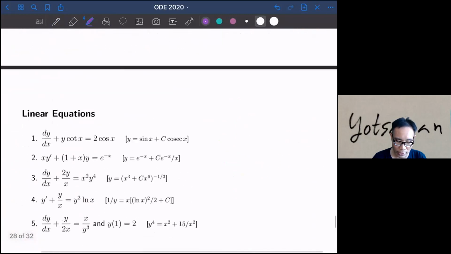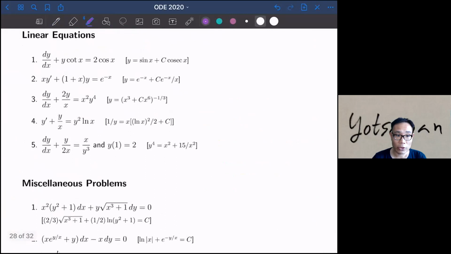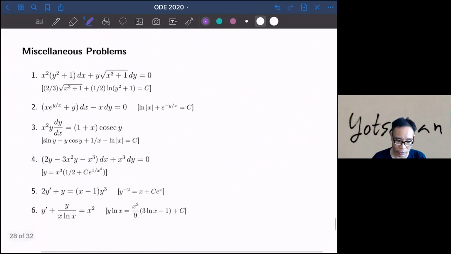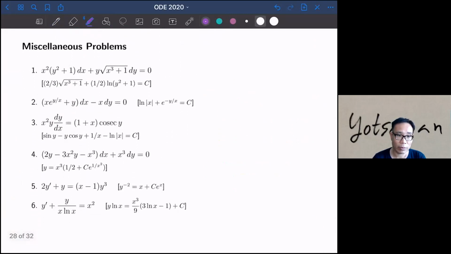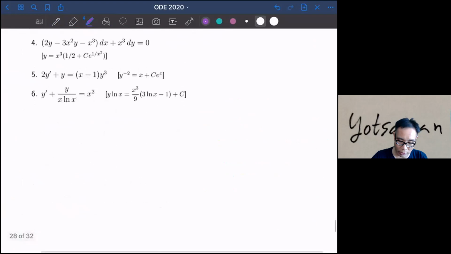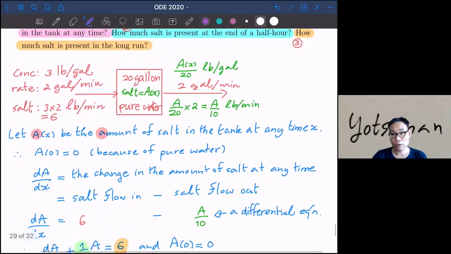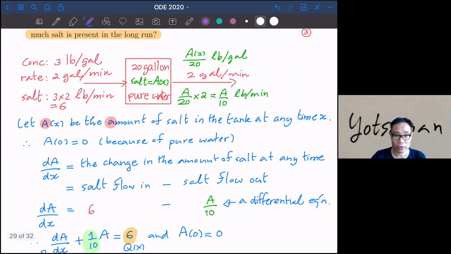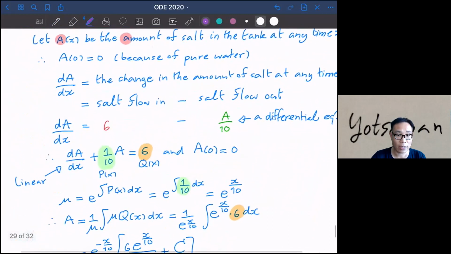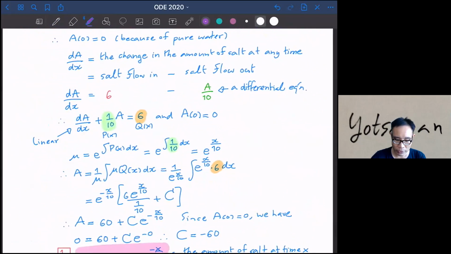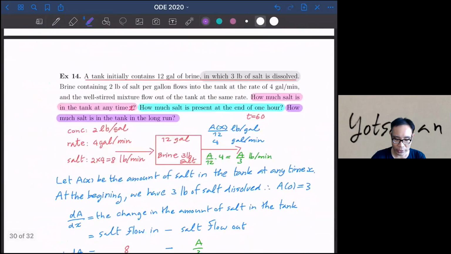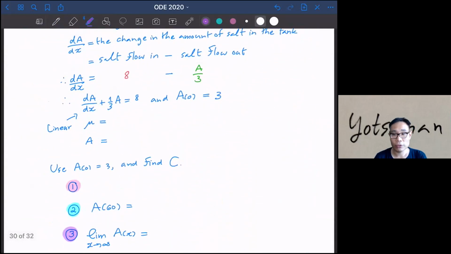So you see that you're gonna have the question about the linear equation, and we're gonna do the miscellaneous problems that we also have, which is going to be mixed problems from the 6 types of differential equations that we have been studying. Okay, so that is going to be all of the material for this semester, and it's going to be all material for calculus 2. And this topic will be the last topic for learning.